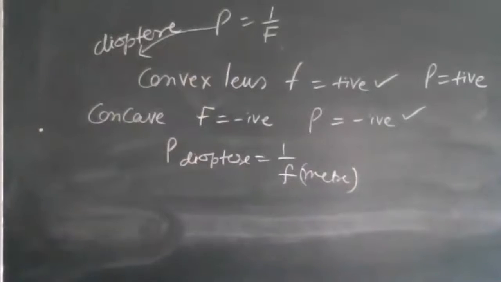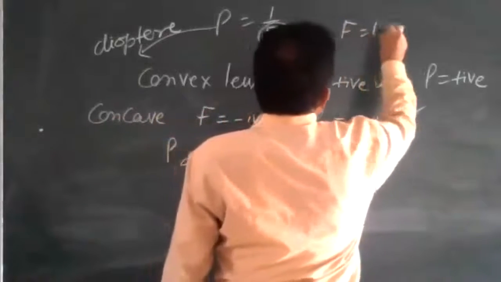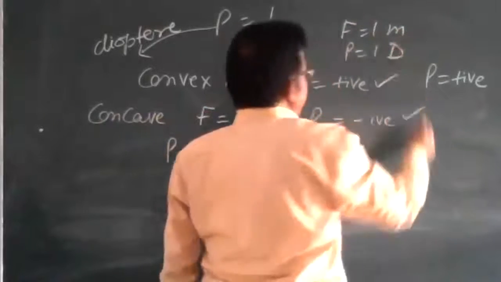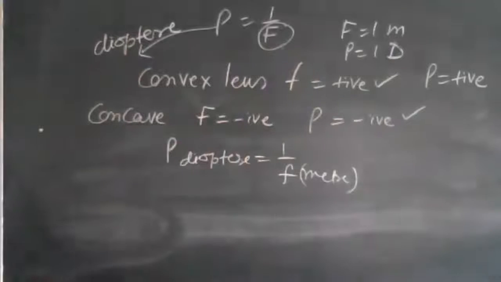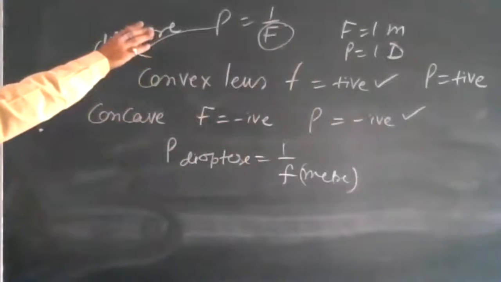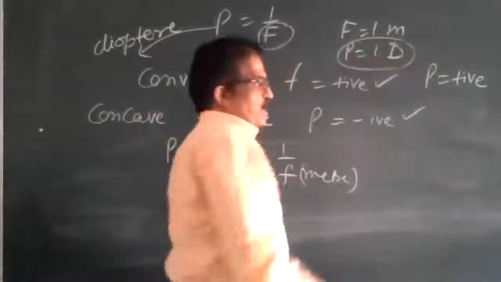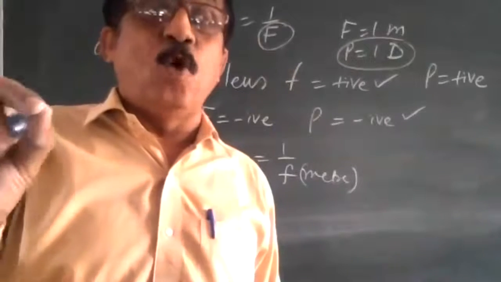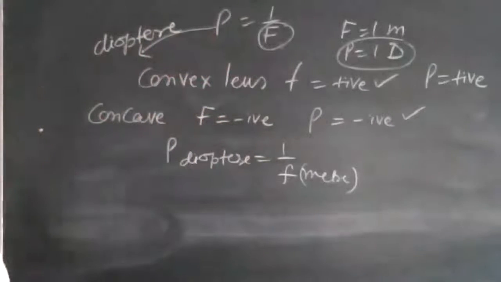So my dear children, if I tell you the focal length is 1 meter, then power is 1 diopter, or I can write 1 D. If the focal length is 1 meter, then 1 diopter is the power of a lens. So 1 diopter is the power of a lens whose focal length is 1 meter.